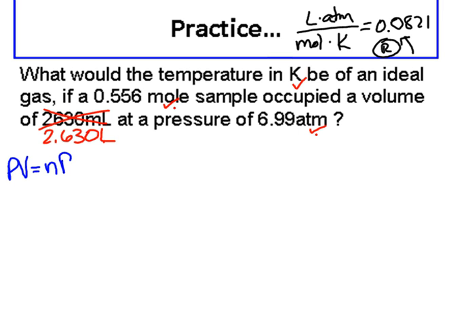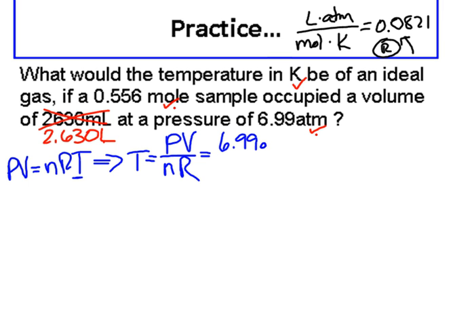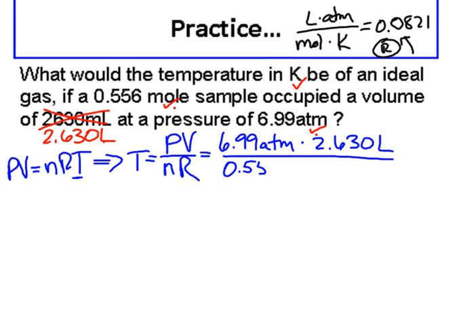PV equals nRT. I'm solving for temperature. So temperature is going to be equal to PV over nR, which means my pressure, which is 6.99 atmospheres, times my volume, which is 2.630 liters, all over n, which is 0.556 moles, times the gas constant, 0.0821.